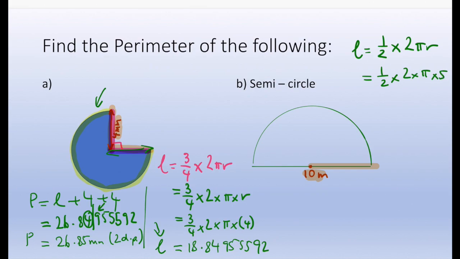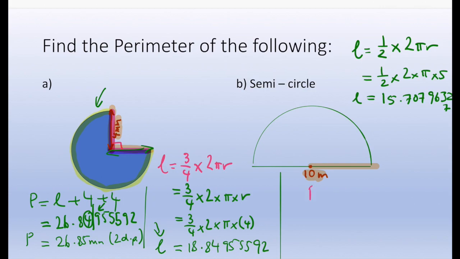So times 5, and I'm going to pop that in our calculator. Half times 2 times pi times 5, and I get this big number here. So our arc length is 15.70796327.